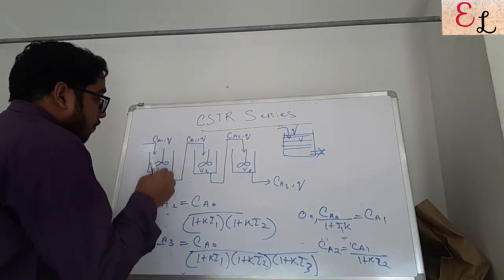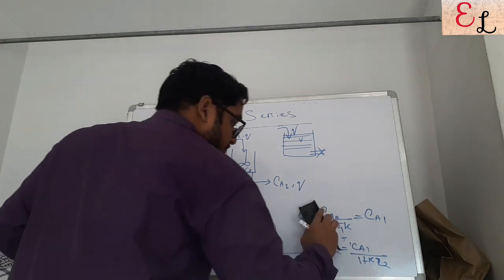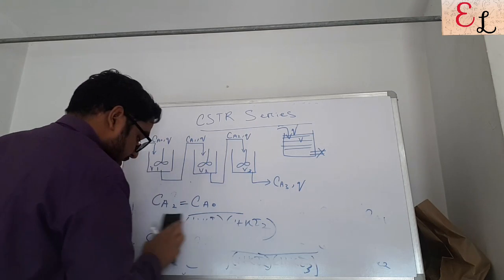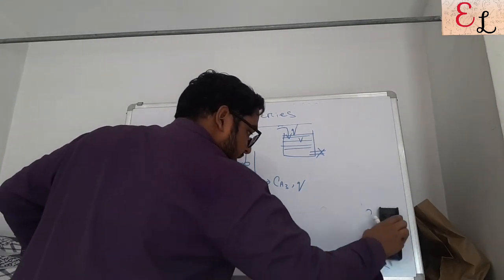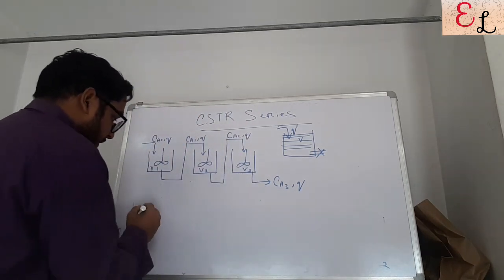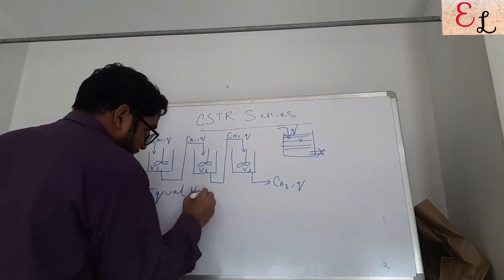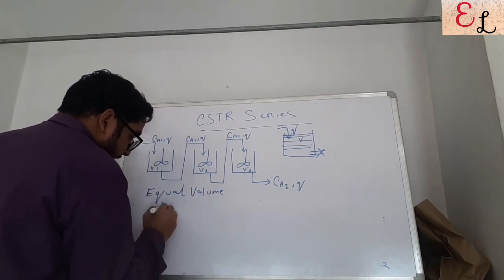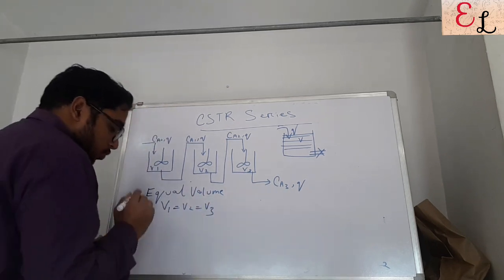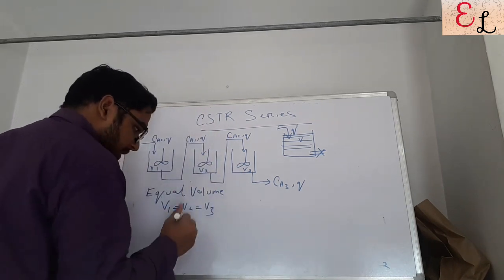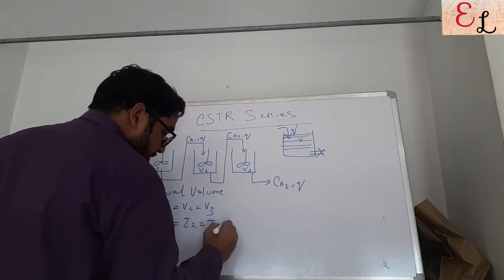Now, if we talk about equal volumes of CSTRs, then V1 equals V2 equals V3, the same volume, which means since Q is the same for all the reactors, tau 1 equals tau 2 equals tau 3 equals tau.